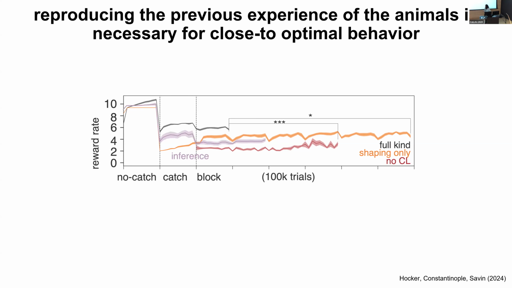You can ask, okay, do you need all of them? You can think of the inference about the state of the world as the hardest of the kindergarten tasks. You can ask what happens if you just do that. And there is a decrease in performance. It's interesting, thanks to a nameless reviewer, that the working memory only task, where you just train keeping information in memory for very, very long times without anything else, ends up doing quite well.